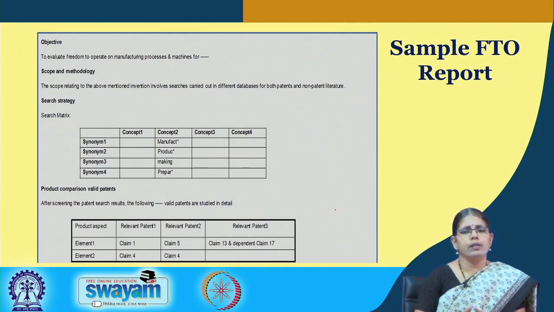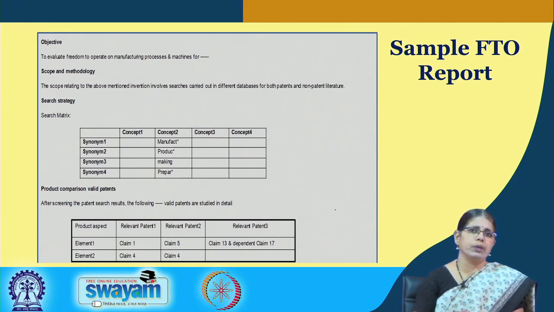The product comparison with valid patents is the next section of this particular report, where you are looking at mapping the claim scope to the product, and here you are listing only the relevant patents. It means a clear mapping of the product with respect to the individual claims of that particular patent. So, you would be referring to a specific claim number.